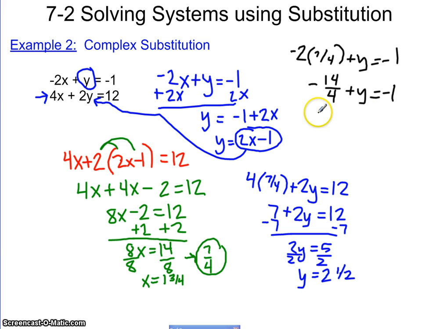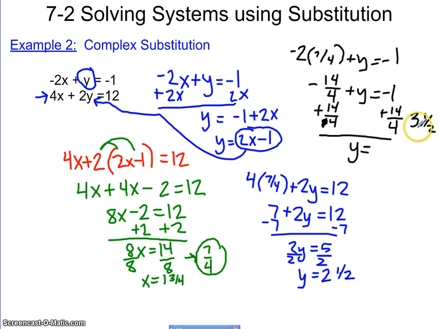And then I would add 14/4 to both sides. Oops, not 14/14, but 14/4. Okay, so y equals negative 1 plus 14/4. 14/4 has to be the same as 3 1/2.